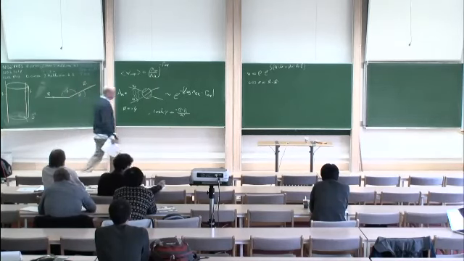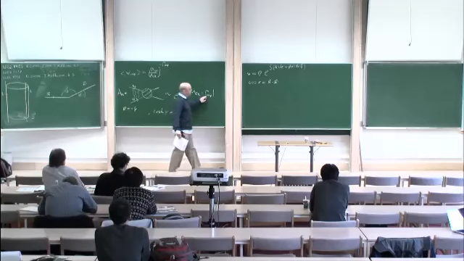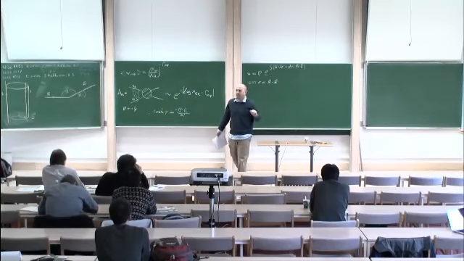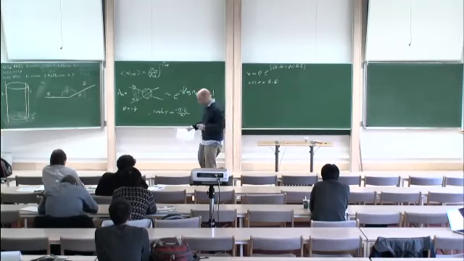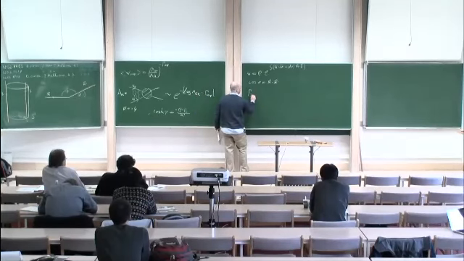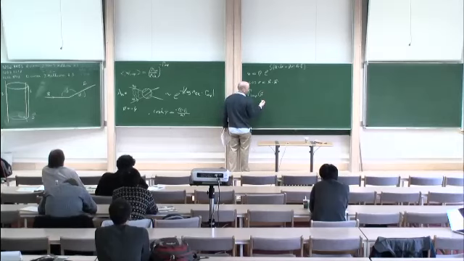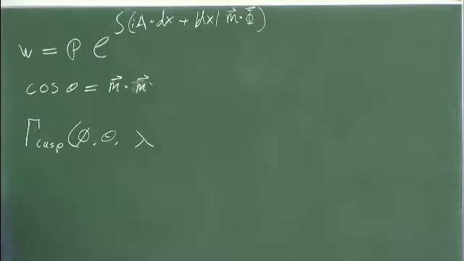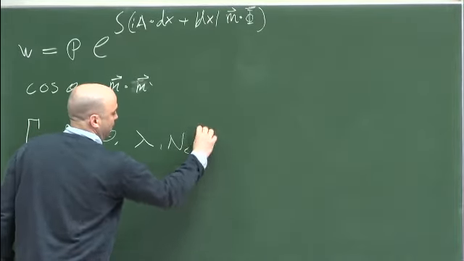So also this gamma cusp for scattering amplitudes is a function of another angle, an internal angle, that I'll call theta. So this gamma cusp in general is a function of these two angles, phi, theta, the coupling, and the number of colors.